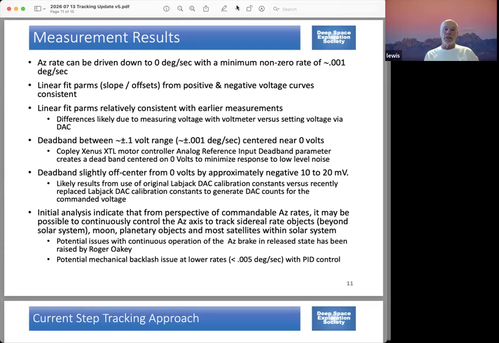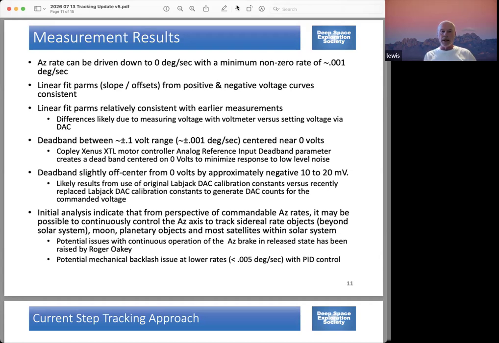As I mentioned, we went down there to look at this. Can this support more of a continuous commanding of the az axis versus the step approach that we have been using?